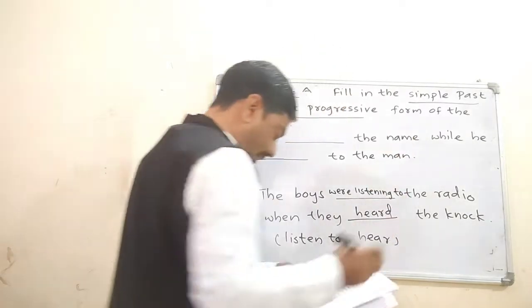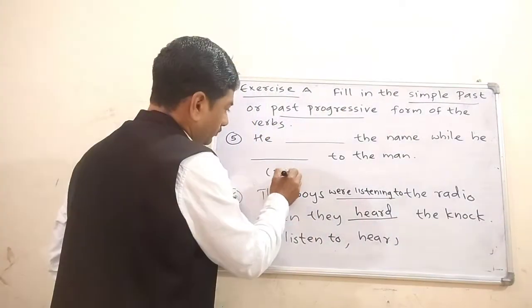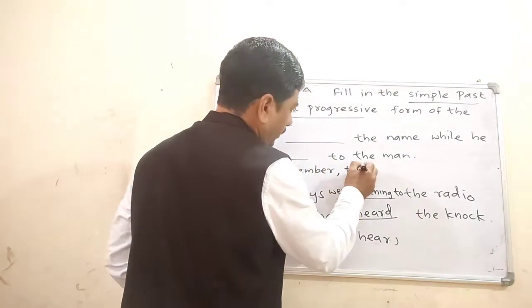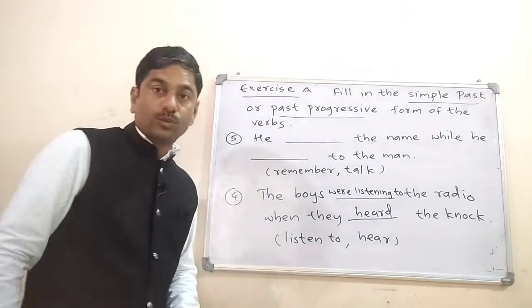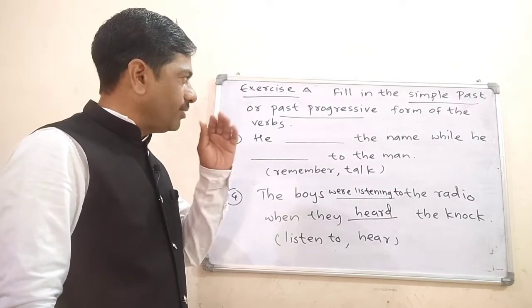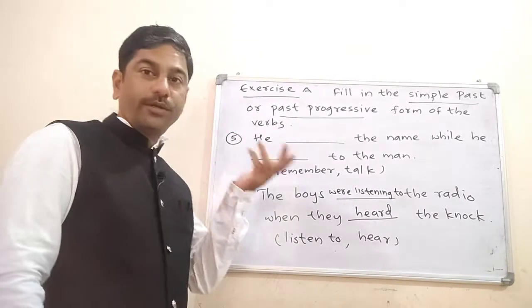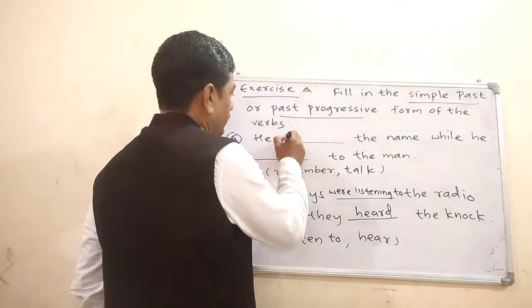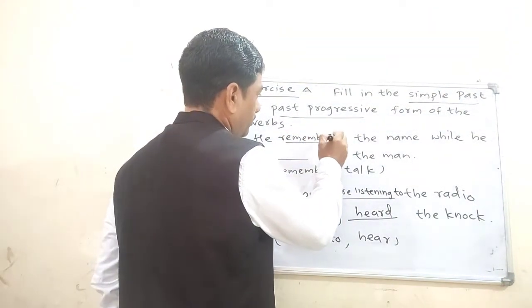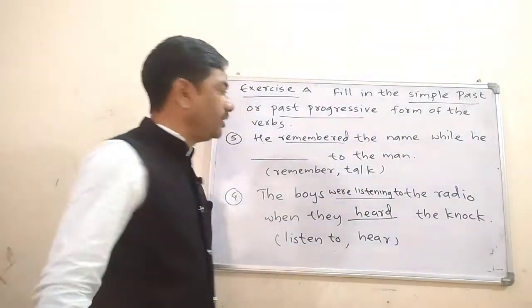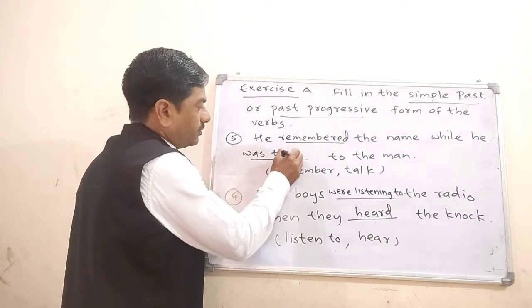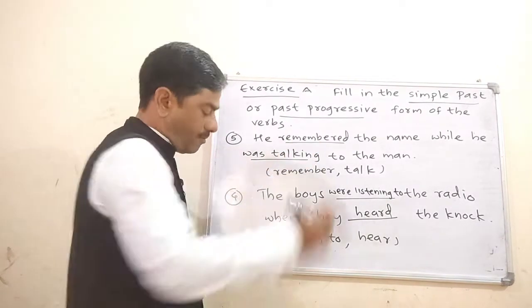So two verbs are there, remember and talk. So we will make use of proper tenses. He remembered the name while he was talking to the man.